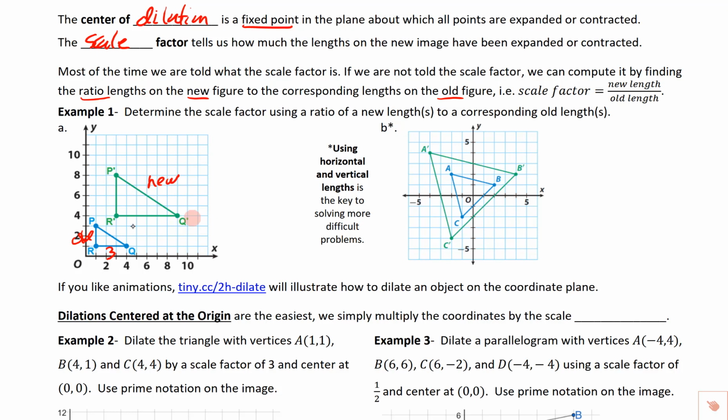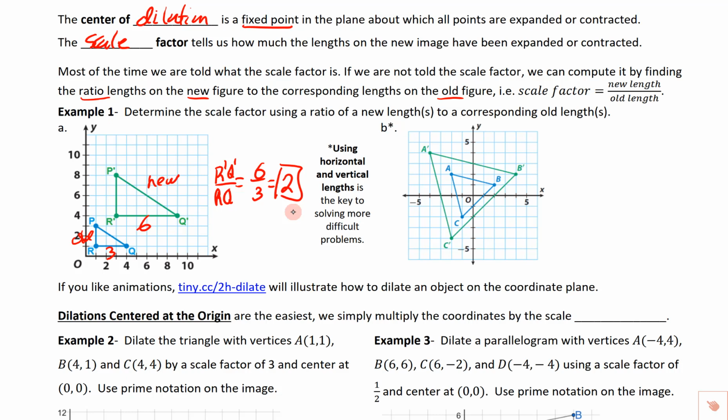So RQ is 3, and R prime Q prime, if we count here, 1, 2, 3, 4, 5, 6, this is going to be 6. So we do the ratio of the new length to the old length. So this is R prime Q prime over RQ, and we get 6 over 3, and we end up with 2. Now, you're going to find that a lot of times, just for the sake of size and convenience and working with fairly nice numbers, a scale factor of 2 is pretty nice to work with.